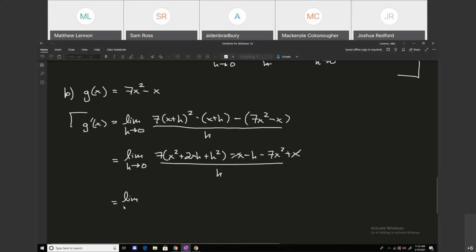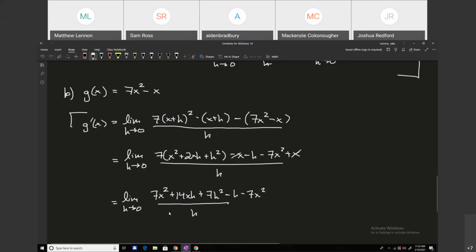So we have the limit as h approaches 0 of 7x squared plus 14xh plus 7h squared minus h over h. Oh, I forgot the minus 7x squared. I knew I missed something. So minus h minus 7x squared.